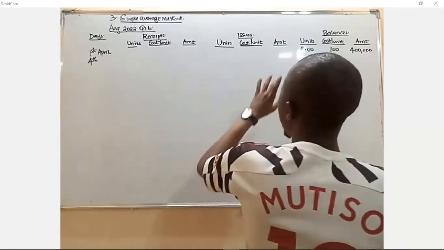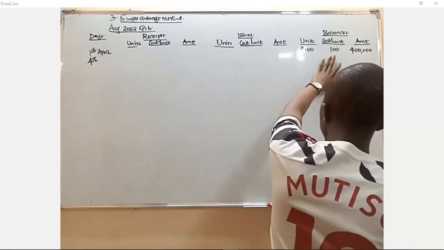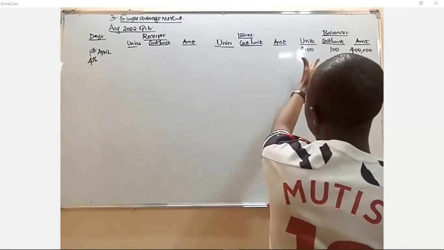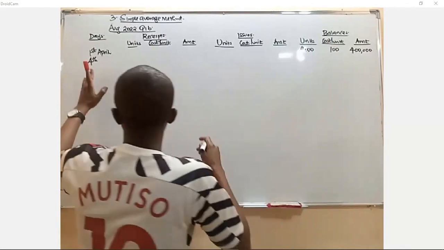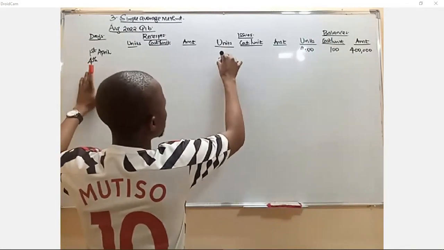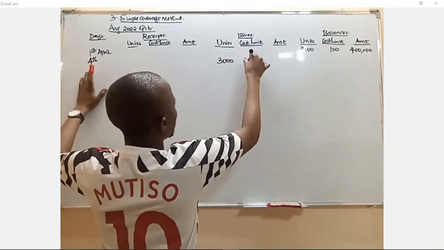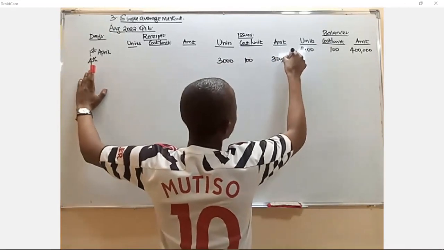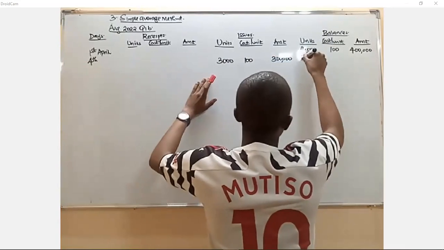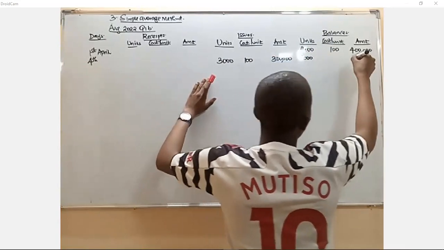In this case, tuko na only one price, so 100 divided by 1, utapata 100. So we issue 3,000 at 100, getting 300,000. Ukitoanisha unabaki na 1,000, na hapo unabaki na 100,000.